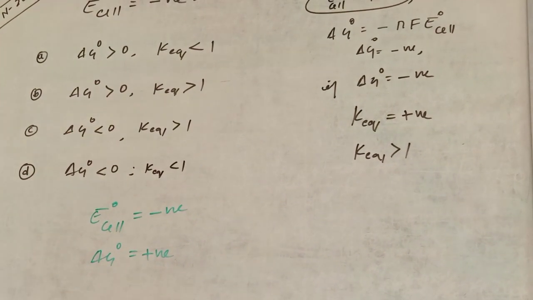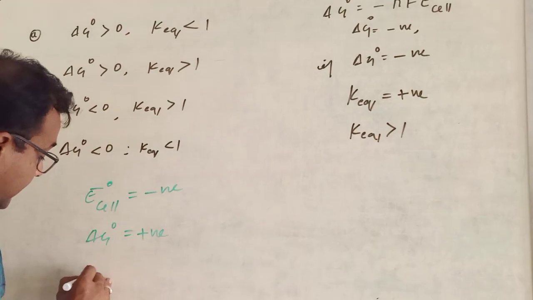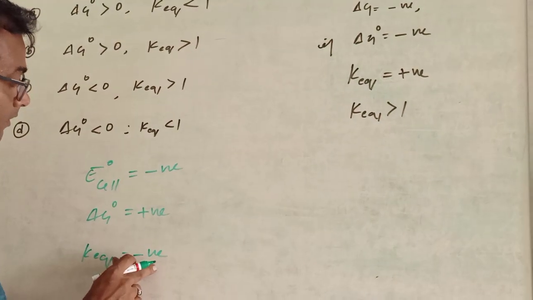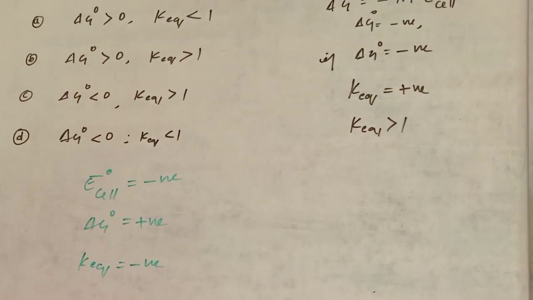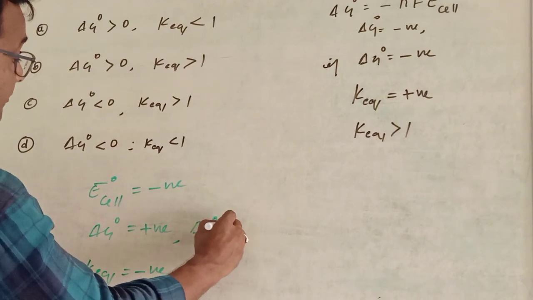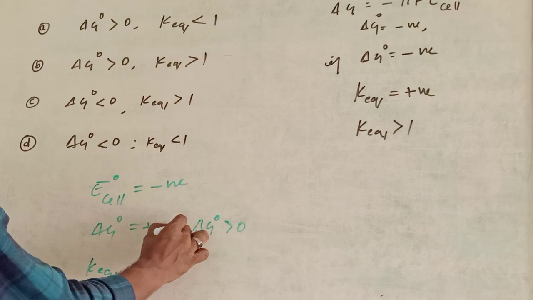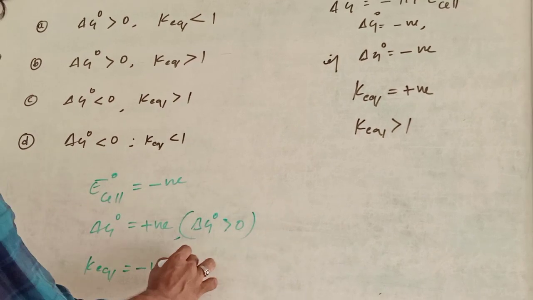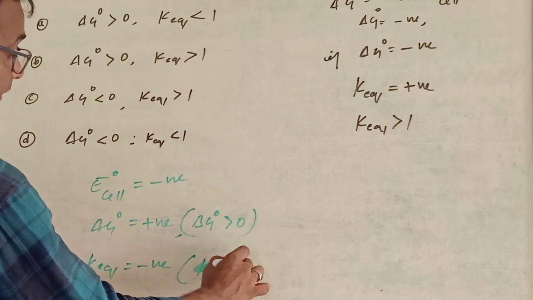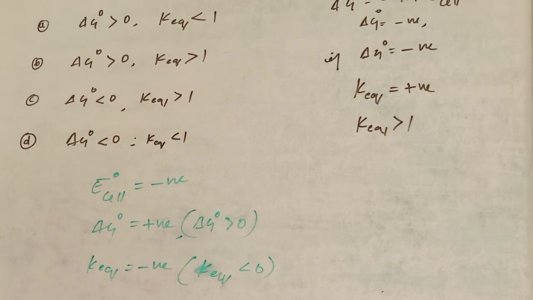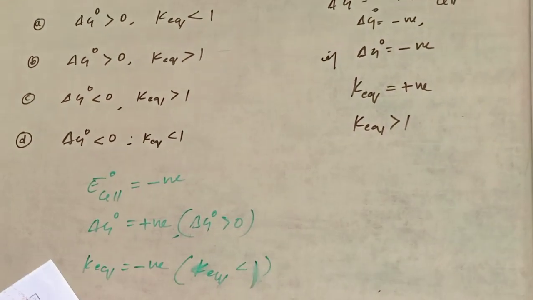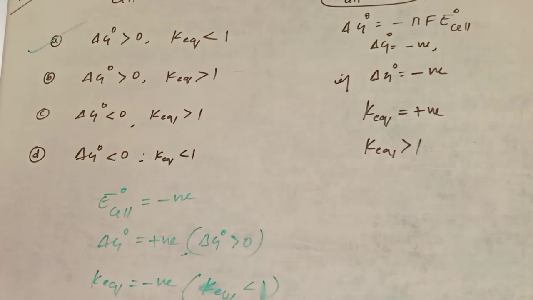The process takes place in the opposite direction, and K equilibrium must be less than 1. So delta G naught must be more than 0, and K equilibrium is less than 1. So the correct option is A.